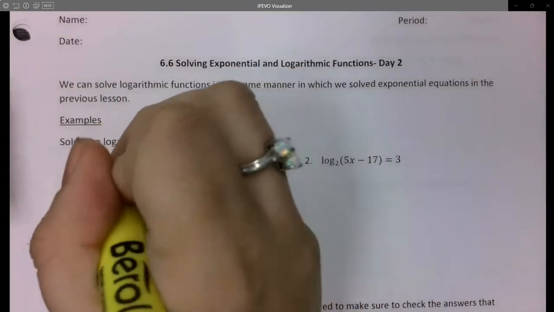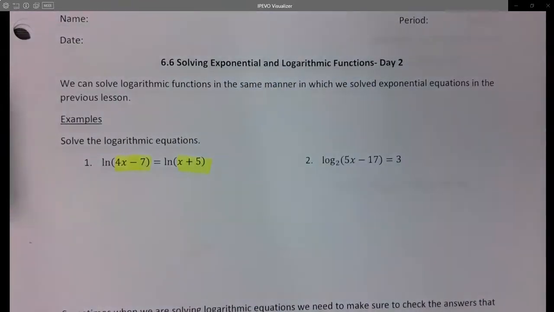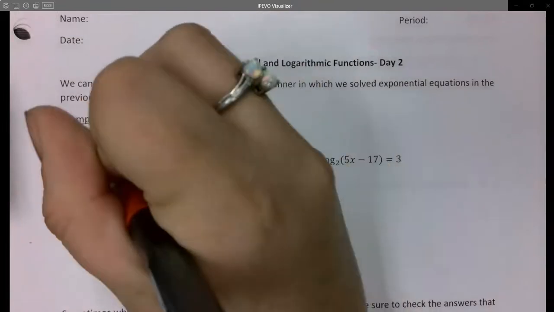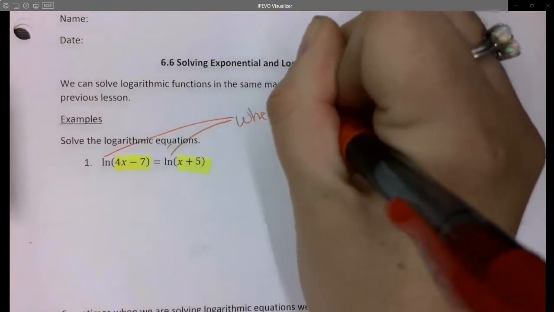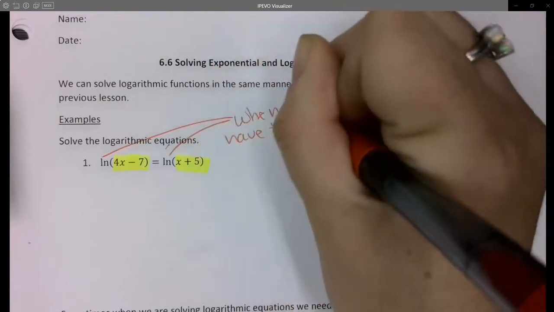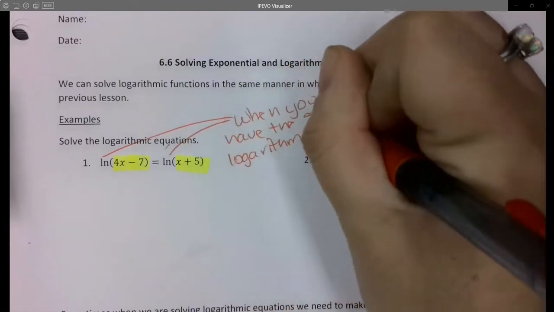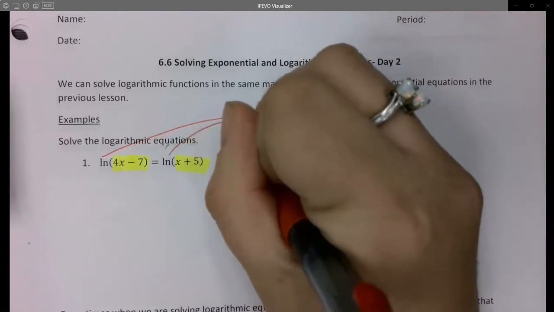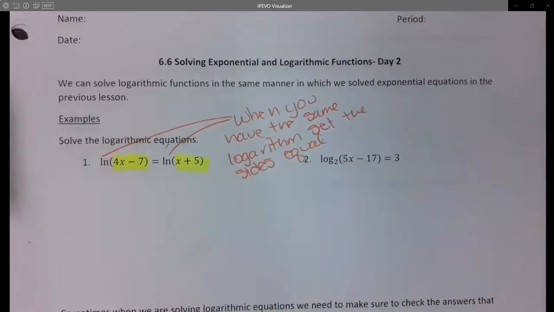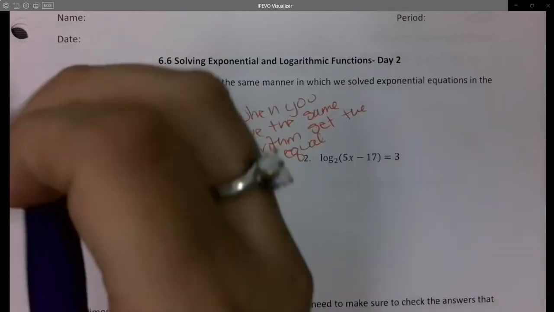Since I have the same logarithm on both sides, I can just take my insides and set equal. Okay, so what I'm going to do is I'm going to have 4x minus 7 equals x plus 5.